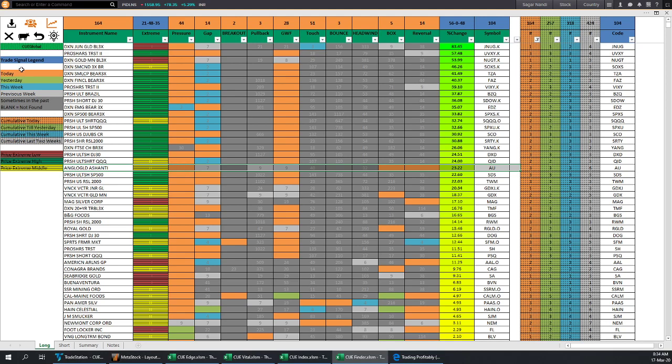What are the colors? They are explained here. Today's signals are this color, orange, then olive color yesterday, blue color this week, and previous week is gray. So if we look at the orange colors today, that is yesterday's close, we had high bullish pressure, possible box setup, and a reversal candle.